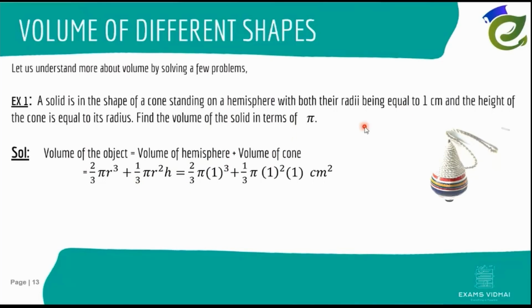He has given that the height of the cone is equal to its radius. That is, the radius is 1 centimeter, so the height also becomes 1 centimeter. Substituting the values, we get pi as the final volume.